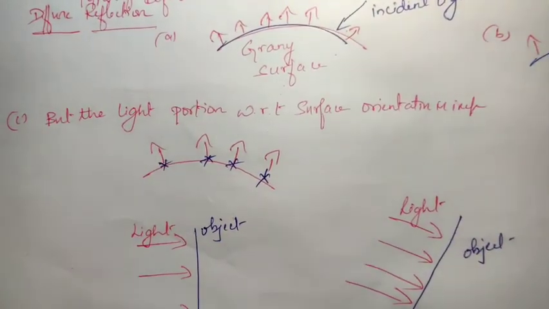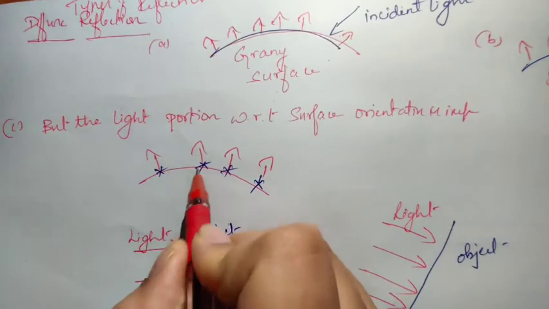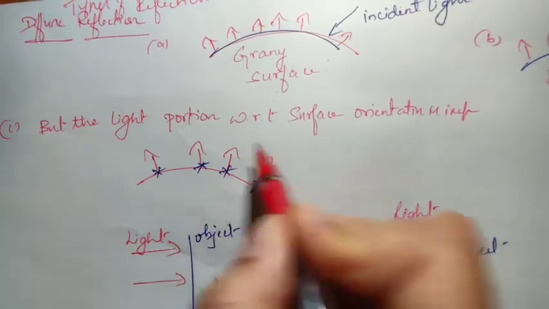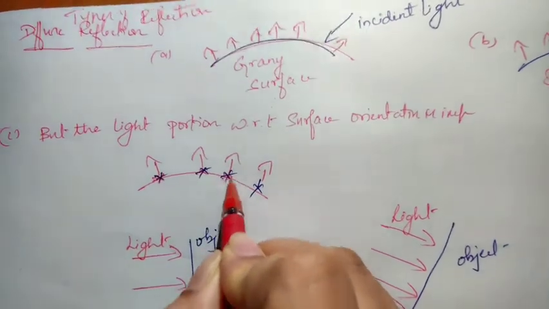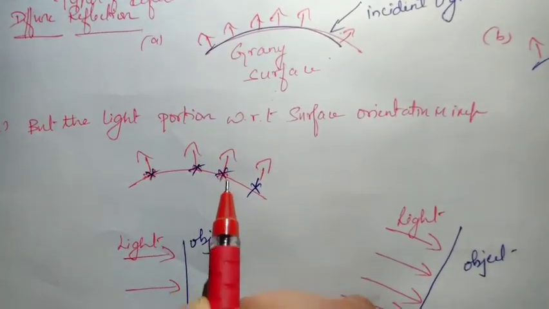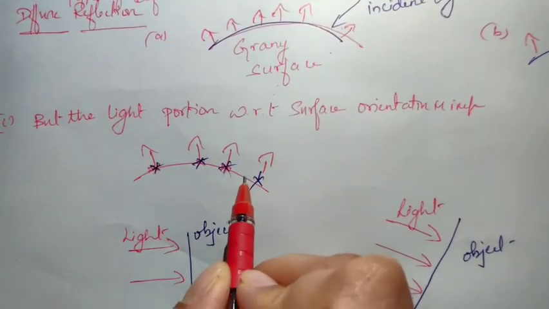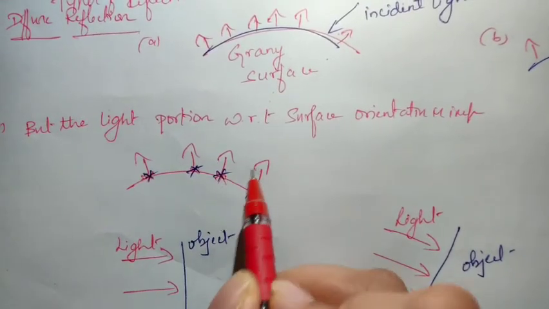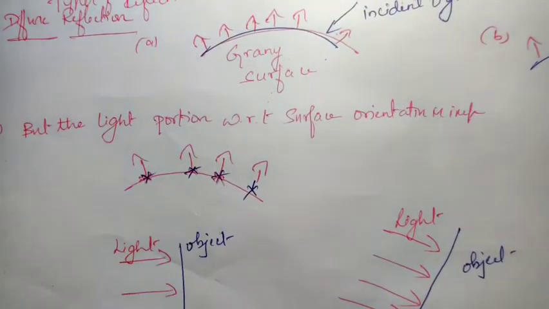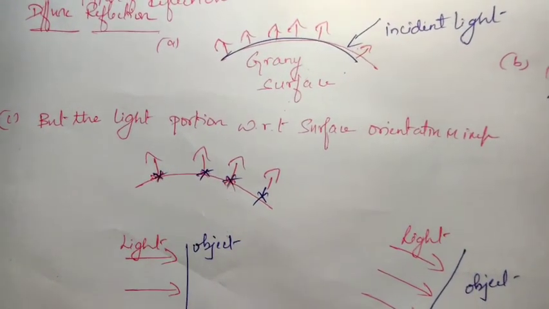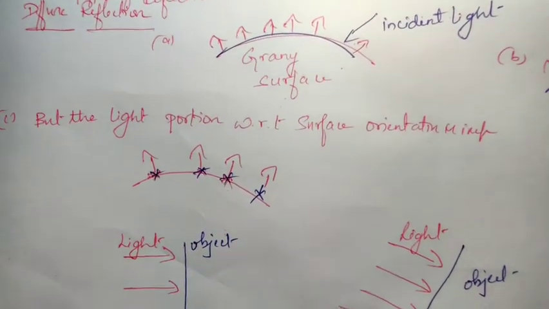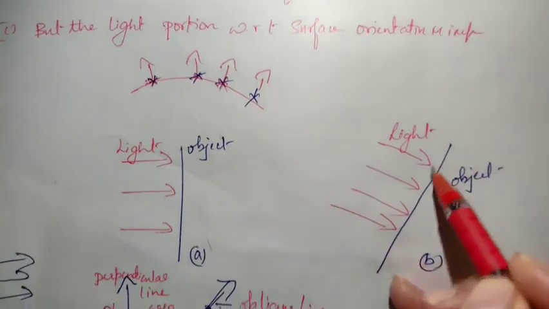So this is your surface orientation. This surface orientation is dependent, whereas viewing position is independent in the case of diffuse reflection. Now you can observe when light falls on any object, this is your object.